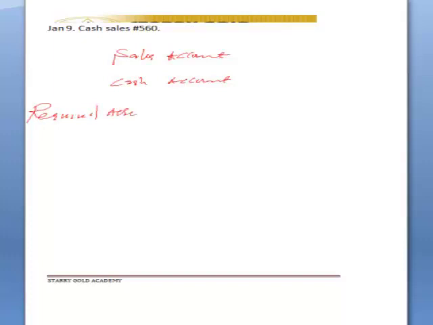As I said earlier on, cash account is always a given. Sales account is always a given account. So our required action will be credit sales account and debit cash account, which receives the money.